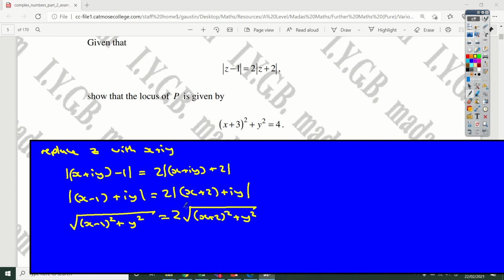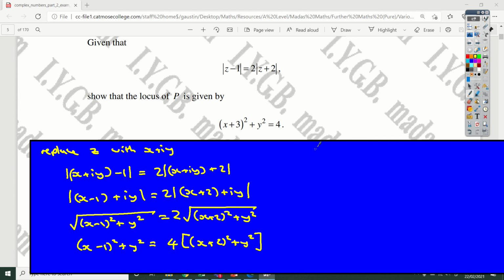Now I've done that in a way that stops me from not squaring this 2. If I want to get rid of these square roots, I have to square everything, so the 2 will square as well. So now we've got x minus 1 squared plus y squared equals 4 lots of x plus 2 squared plus y squared. It's quite important that you do that step properly in order to avoid that mistake.